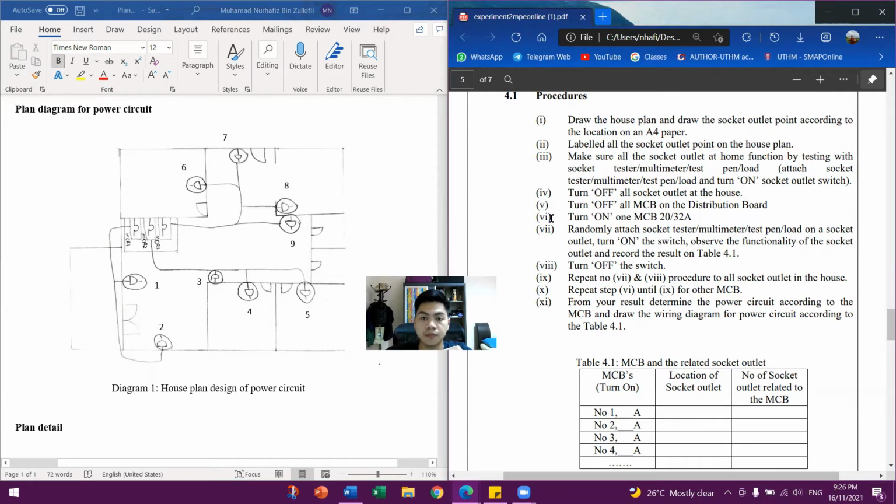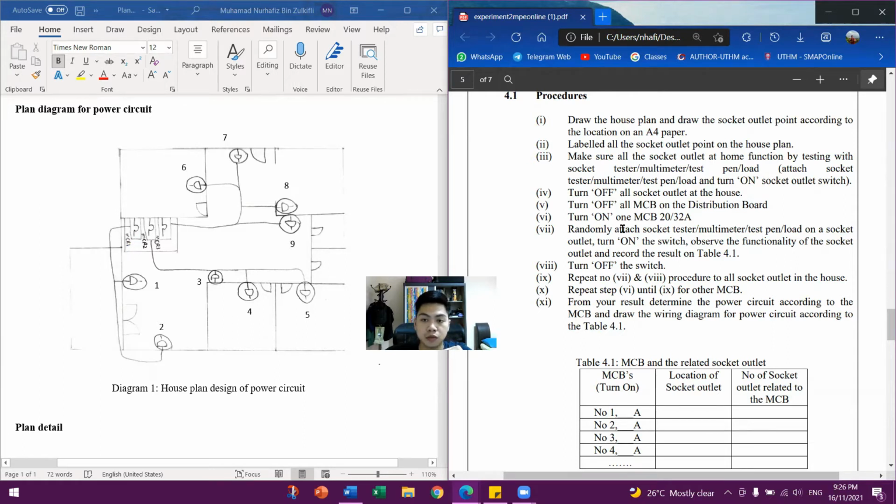So this is the main step, which is we turn on one of the 3 MCB. For example, we are turning on MCB1 here.